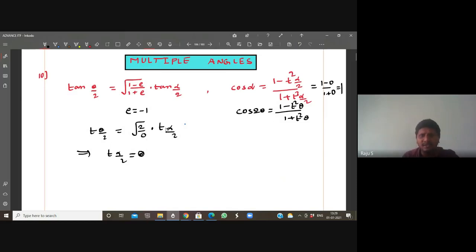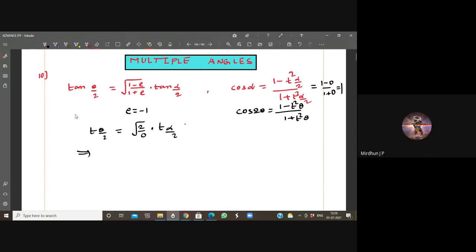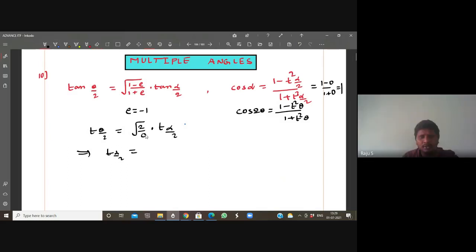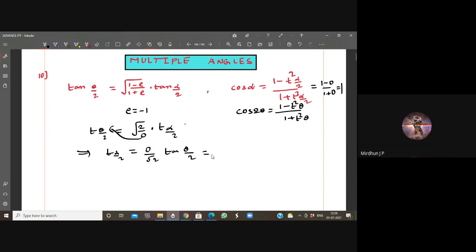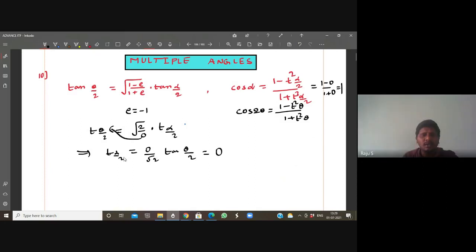What I have done in this case is I cross multiplied. tan(alpha/2) is equal to root of 0 by 2 into tan(theta/2), sir. You can cross multiply. It will become the numerator: 0 by root 2 into tan(theta/2). 0 by anything is 0. 0 into tan(theta/2) is 0. So I am taking tan(alpha/2) as 0. Clear?